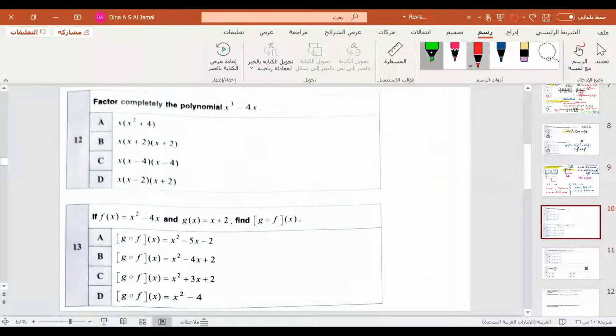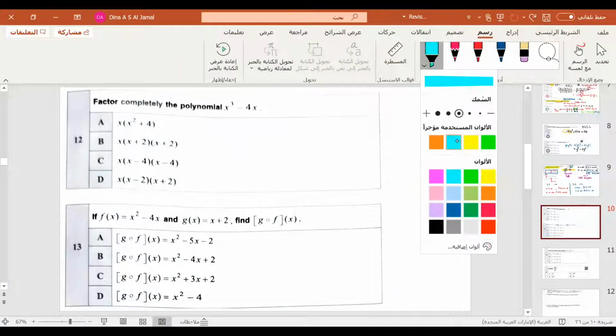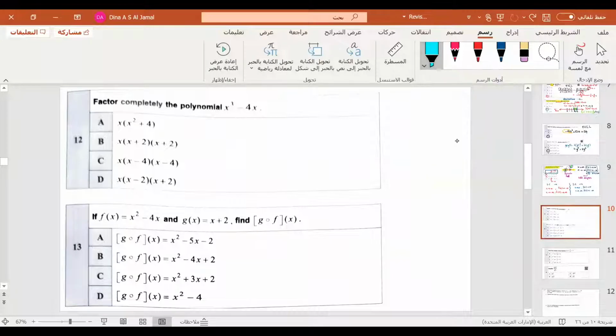Now, he's asking you in this question, factor completely the polynomial. You are having x cubed minus 4x. One of the most important things that you can notice is that I can get the x outside as a common factor. So always think of the GCF. So I got it outside.